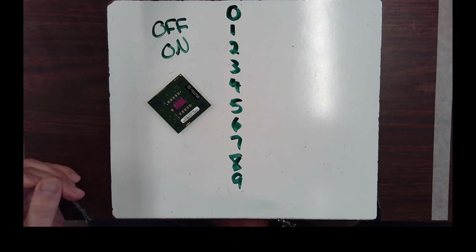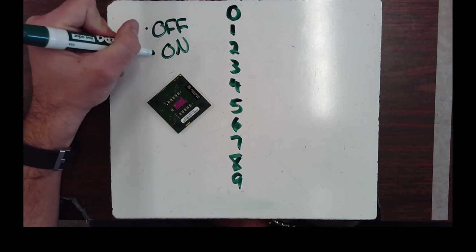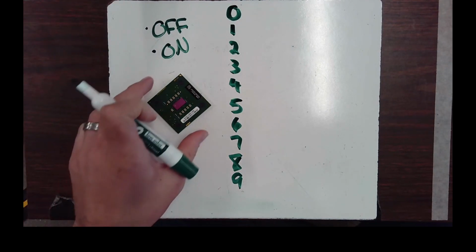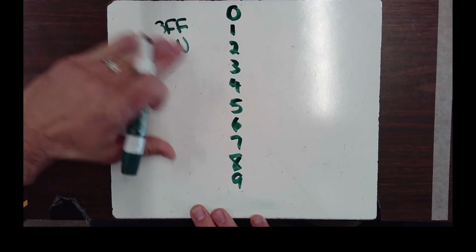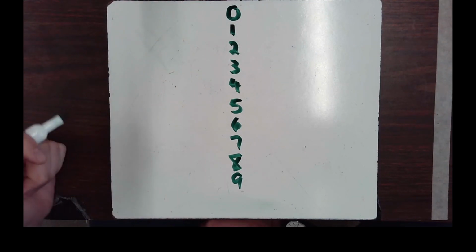And even though you might think they're pretty sophisticated and they can do lots of neat things, processors are really pretty simple because they can only understand two things. They can understand off and on. So we're going to explore the world of processors and how they count by building on what we already know about counting.